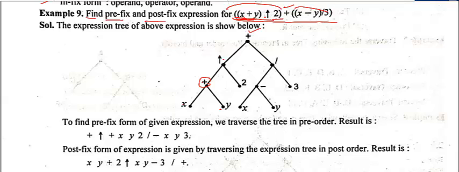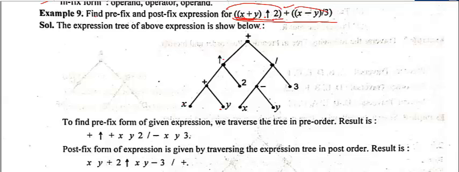Okay. So already we have discussed this, how you will represent the tree from the expression, in the previous lecture. So here we are going to write the prefix notation. Okay. So how will you write it? It is very interesting to see. See, you know that the prefix means traversal by pre-order. So pre-order means first you will visit the root, then left, then right.